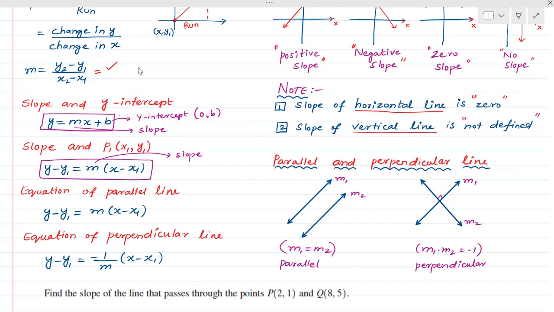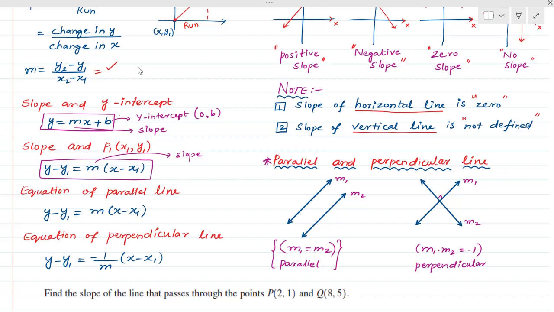Now the next one, equation of the parallel and perpendicular line. Before going to the equation, we have to know what parallel and perpendicular lines are. These two lines we call parallel because they are parallel to each other. The slope of line 1 and the slope of line 2 must be the same. Then only we will say it is parallel.